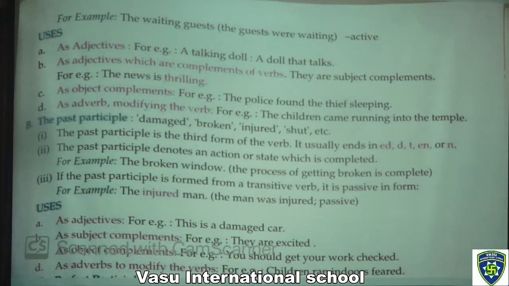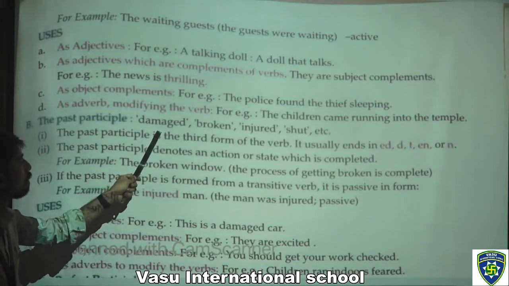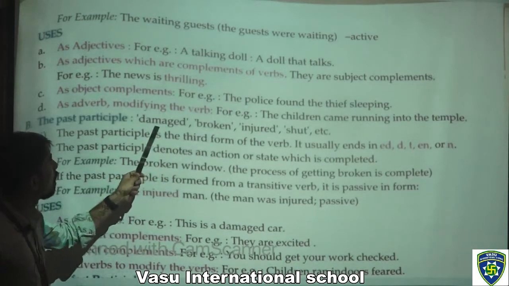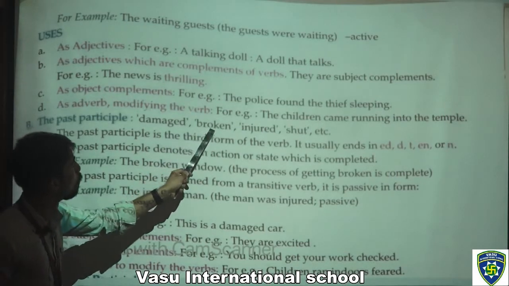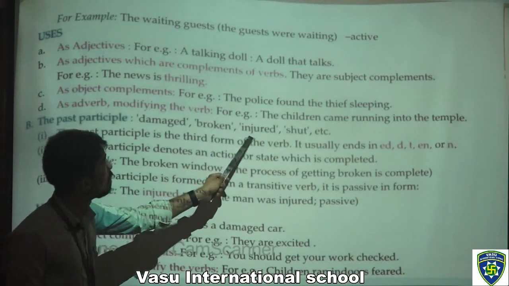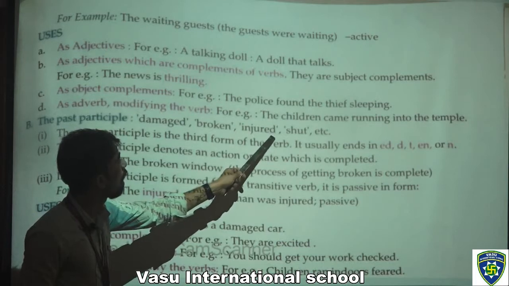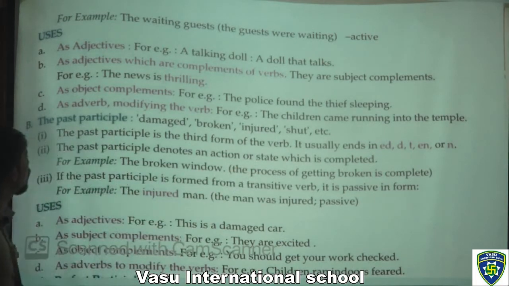Now after that, the B point we have is the past participle. Now what is the past participle? It is damaged, broken, injured, shut, etc. We add d in damaged and injured. The past participle is the third form of the verb.